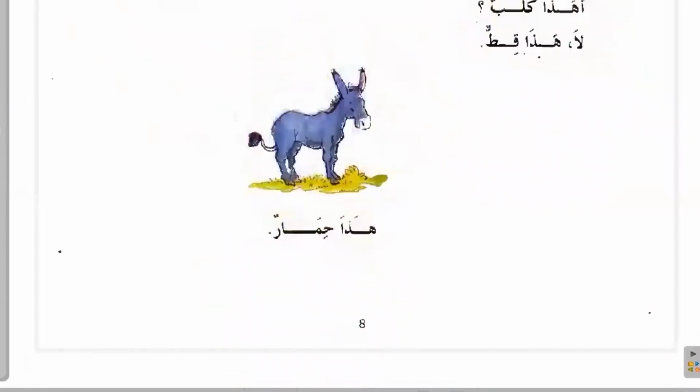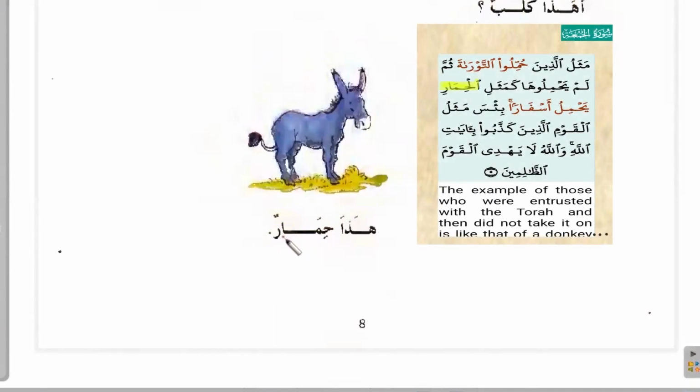So we have here, haza himarun. This is a donkey. A donkey is called himarun. So you can see again, Allah says, كَمَثَلِ الْحِمَارِ يَحْمِلُ أَسْفَارًا.